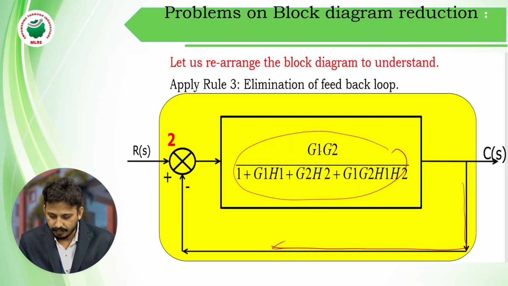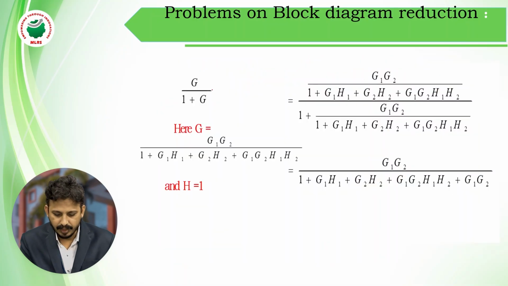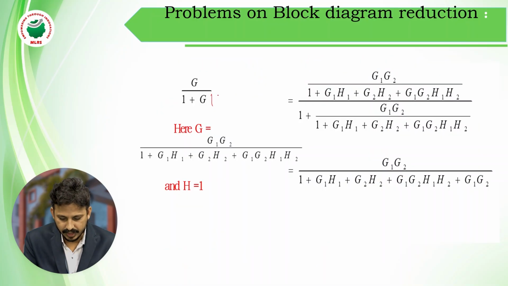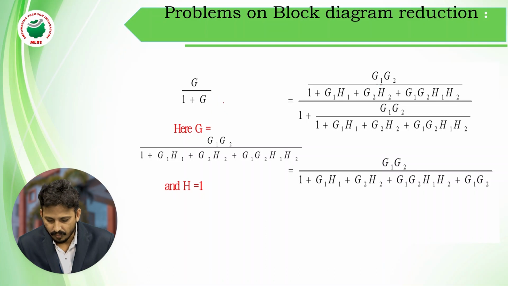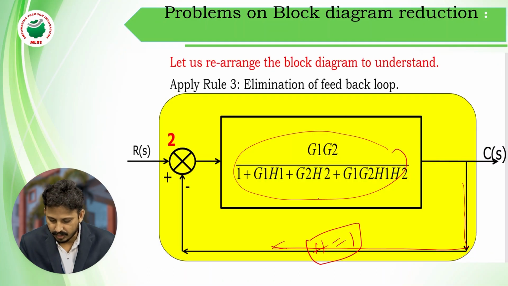So G and this is H, where H is equal to 1, feedback is 1. So G by 1 plus GH, actually H is equal to 1, so no need to write H again. So G by 1 plus G. So what is actually G? G means this total product, G1 G2 by 1 plus G1 H1 plus G2 H2 plus G1 G2 H1 H2.